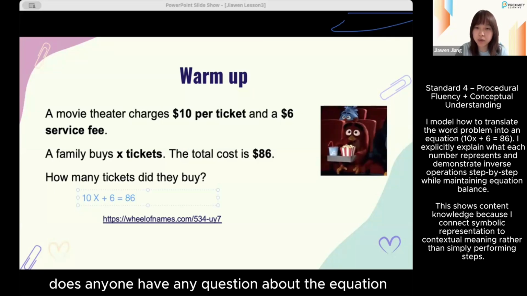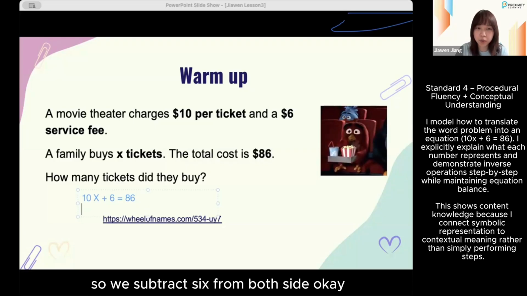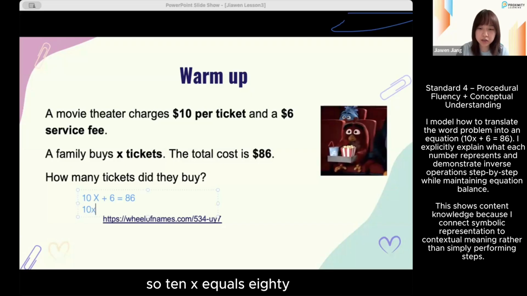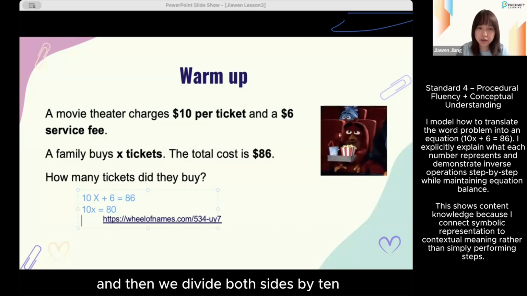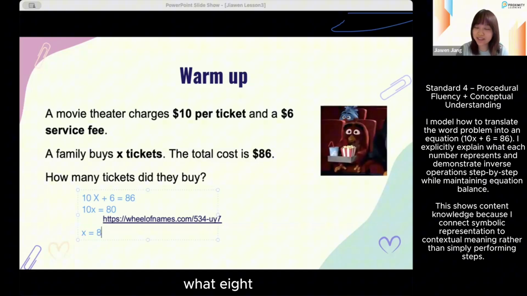Does anyone have any question about the equation? Then we solve this equation together. We subtract 6 from both sides, so 10x equals 80. And then we divide both sides by 10. So we got the answer, x equals what? 8.